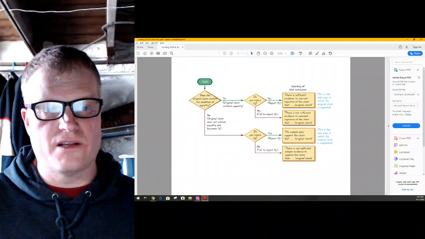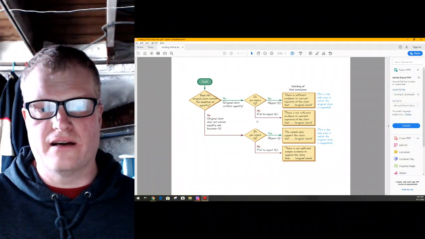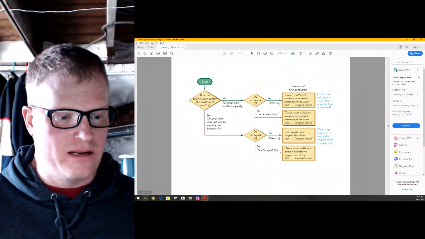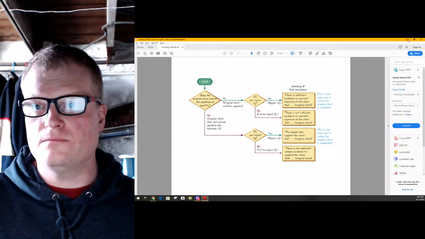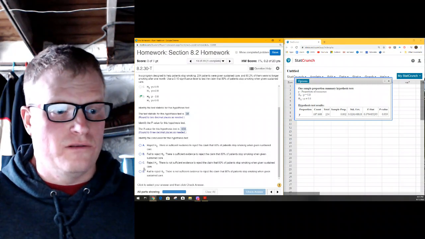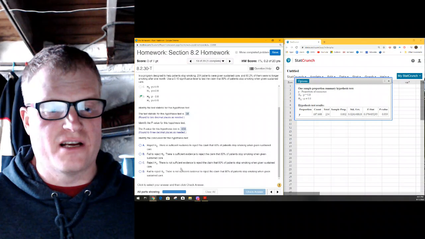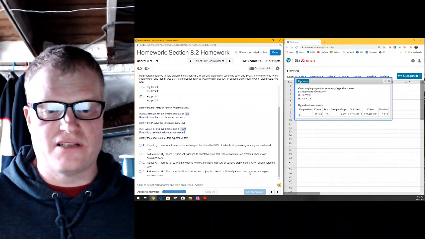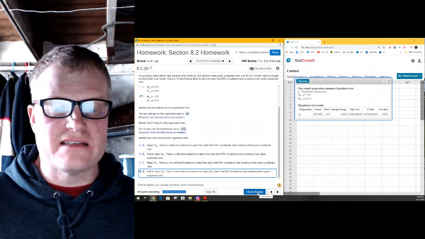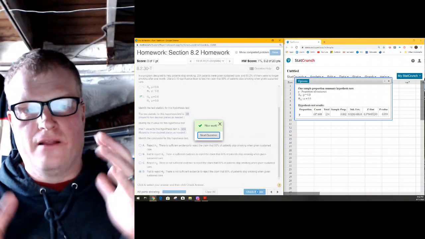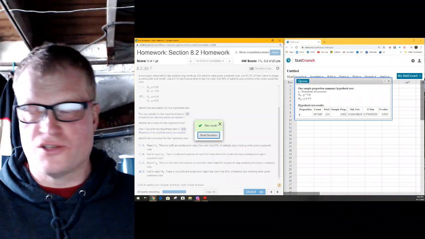So we're following this track here. We're going here to here, and then we're going down to this second box that's right in here. So we're going to fail to reject the null, and there's not sufficient evidence to reject the claim that 80% of patients stop smoking. So what this means is that we actually accept what the test is trying to tell us. They claim that 80% of patients would stop smoking.